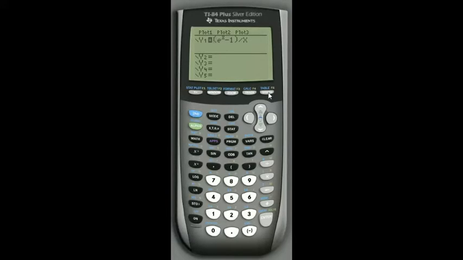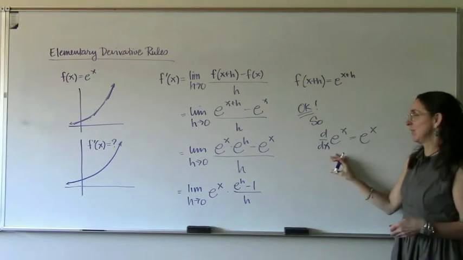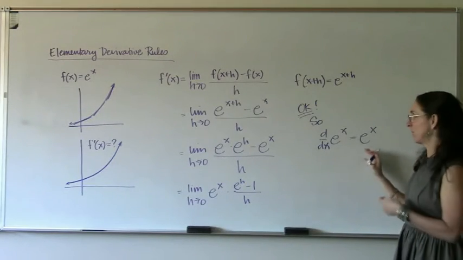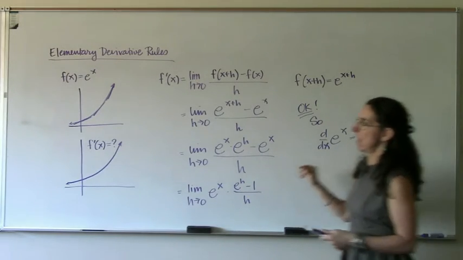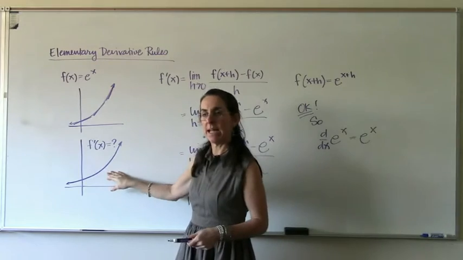If you pull up the table, I've already punched those quantities in, and we can see that at x equals 0, the expression is undefined, but as we get close, either from the left or from the right, the values of the expression appear to be getting closer and closer to 1. So that's the value of the limit. Okay, so the happy news is that the derivative of e to the x is equal to e to the x. That's a super nice result, one that we intuitively might have guessed.